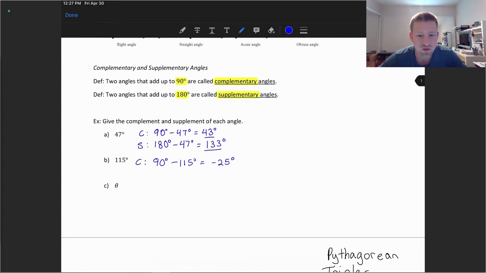So that would mean that negative 25 and 115 would add up to 90 degrees. Those would be complements of one another. And then we can finally finish up with the supplement. The supplement of 115, if I want to add to 180, subtract my given angle, and that would give me 65.